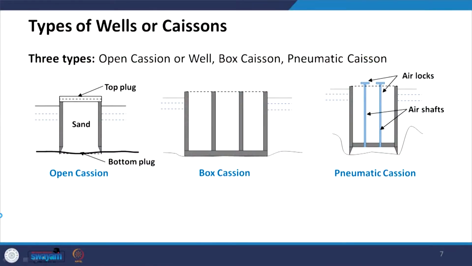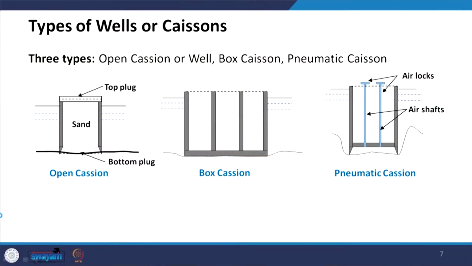So, with this background of usage, let us talk about types of wells or caissons. There may be many categories, but most of the wells can be grouped into three categories: open caisson, box caisson and pneumatic caisson. First of all, the well itself is also called a caisson, which comes from the French word.